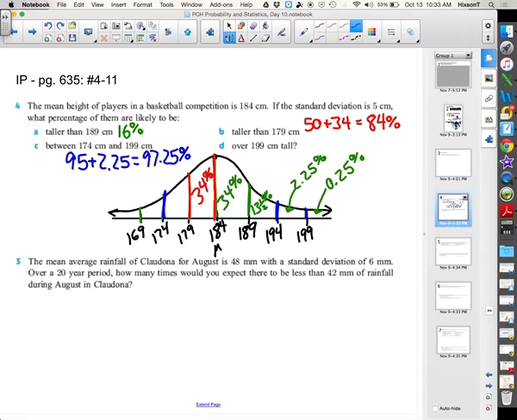And then the percent over 199 centimeters. Yeah, it's just this little region right here, from that third standard deviation up above. Okay, so that's the 0.25. All right.